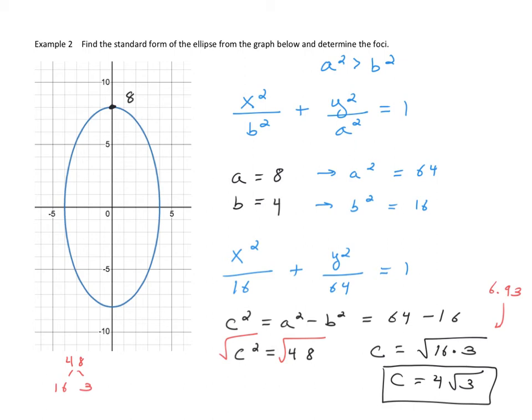So one spot is up here, and there's another one down here. This means the actual coordinates, if I use an exact value for the foci, are (0, negative 4 root 3) and also (0, 4 root 3). There is a positive one and a negative one.